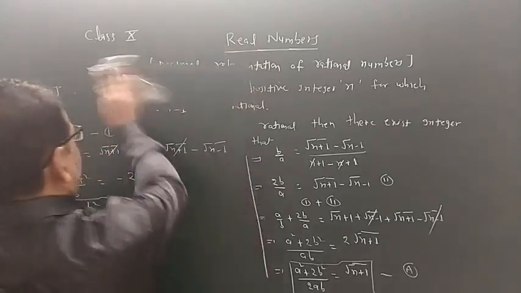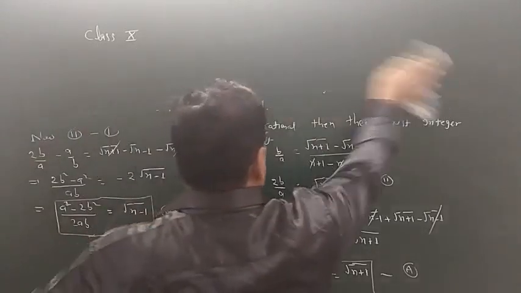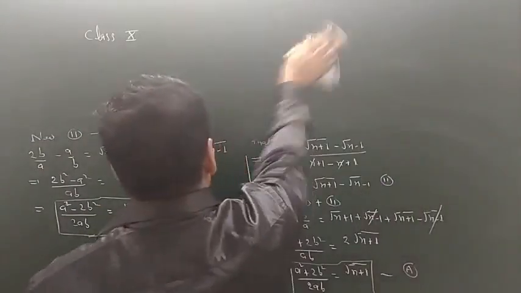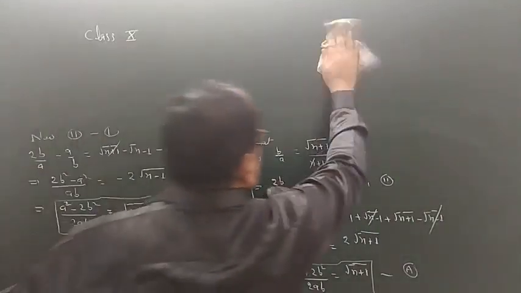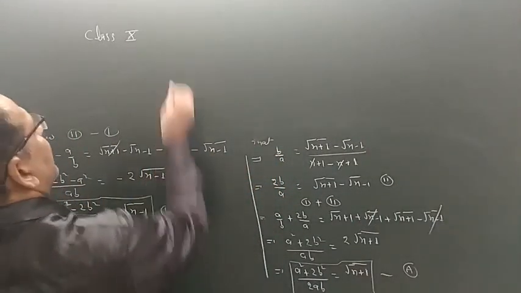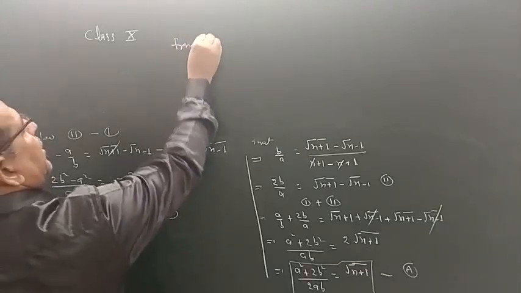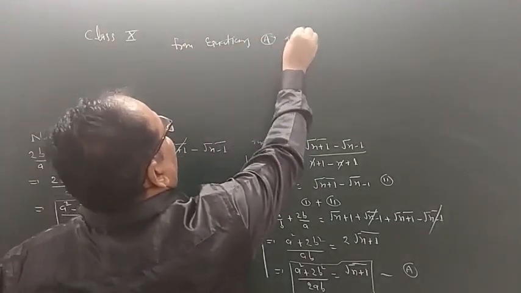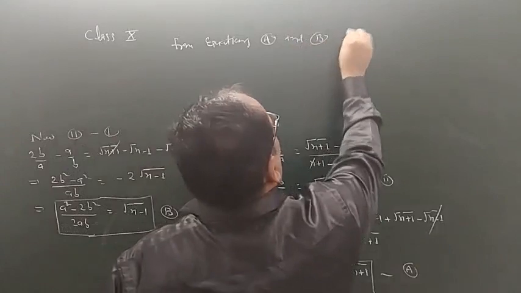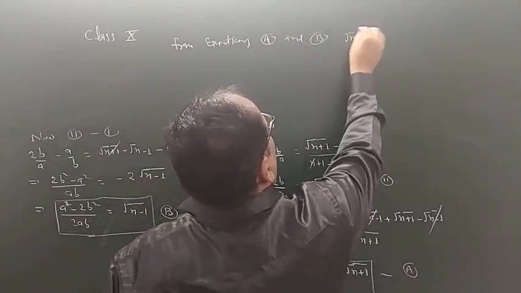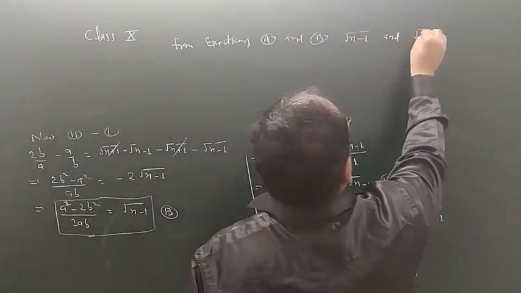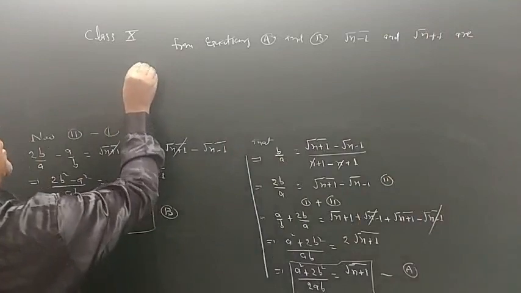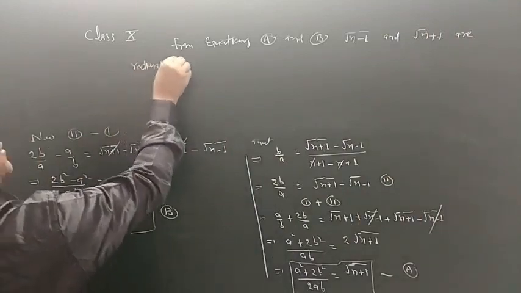So from equations A and B, root n plus 1 and root n minus 1 are rational numbers.